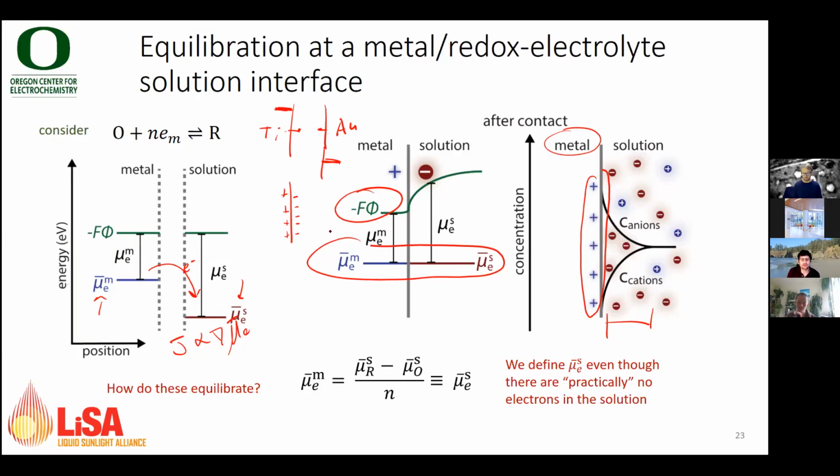Now, if I do the same experiment with a semiconductor, so now instead of titanium, say I take N-type silicon. Here's the valence band, conduction band. Here's the Fermi level. It's in between the bands. And I do the same experiment. Then what happens is you get band bending. And why is that?